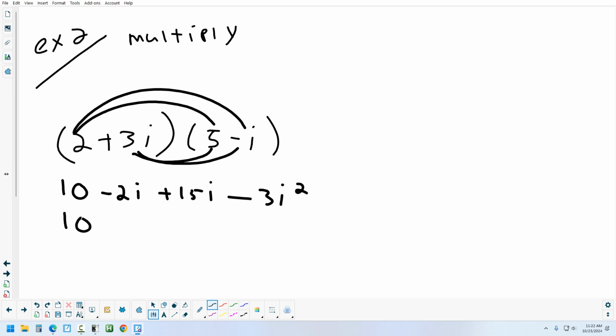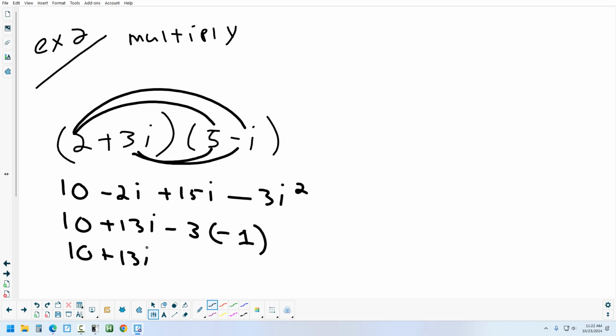Okay, first we've got some like terms. What's negative 2i plus 15i? 13i. Now we have an i squared. Okay, we never want to leave i squared. What does i squared change to? So that changes to negative 1, which really means we have negative 3 times negative 1.